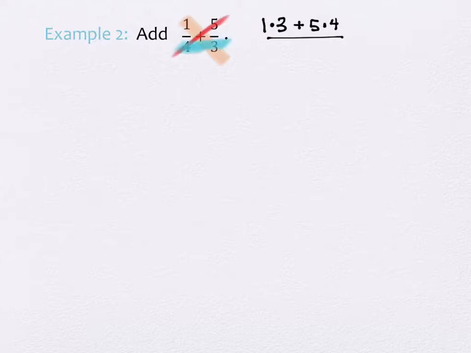So in this case, 4 times 3. So that's actually the method described on that first slide. And then we'll do some multiplication and simplify what we have. So I have 3 plus 20 over 12. 3 plus 20 would be, of course, 23 over 12.